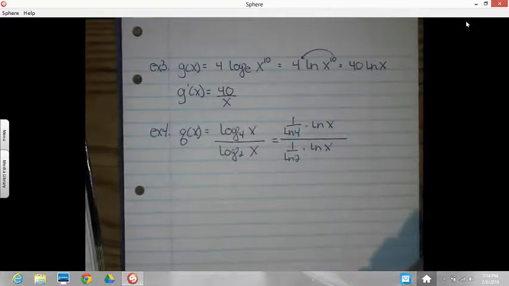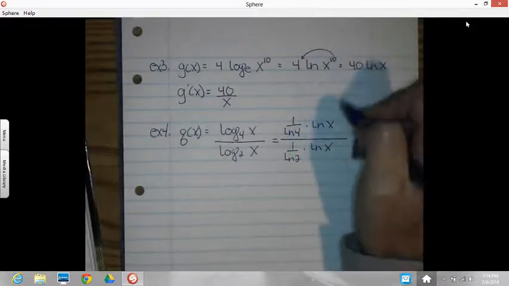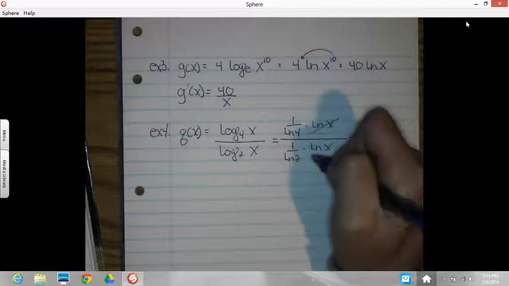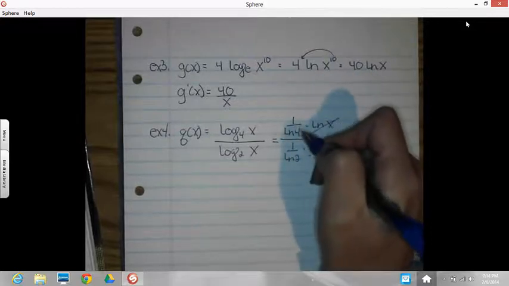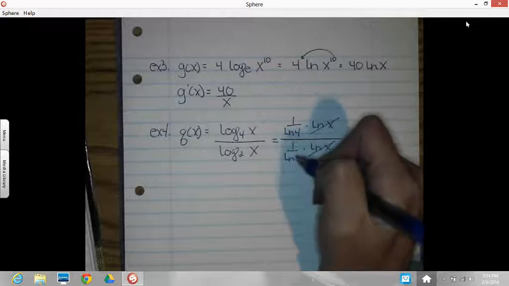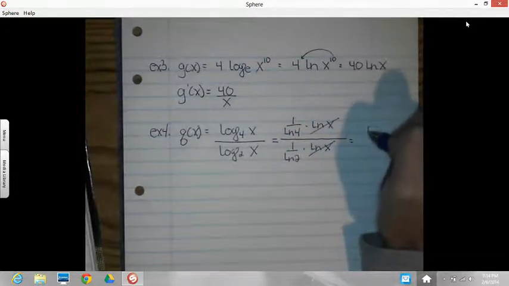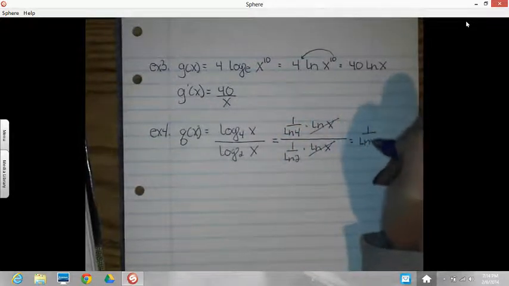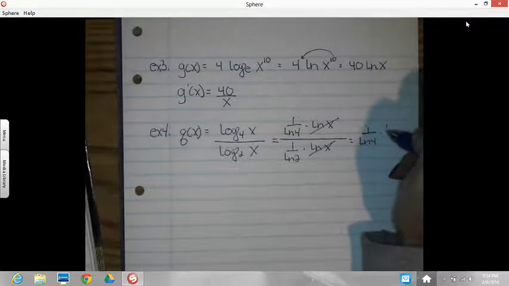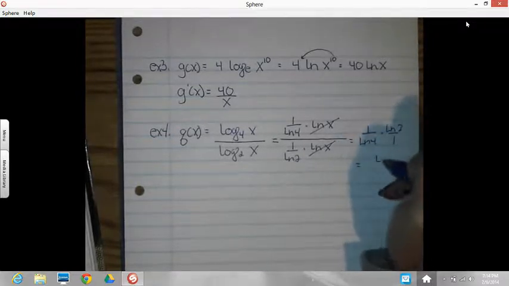Okay, if you look here, you can see your natural log of x's are going to cancel each other out. Simplifying this, I've got a fraction divided by a fraction, 1 over natural log of 4 times natural log of 2 over 1, natural log of 2 over natural log of 4.